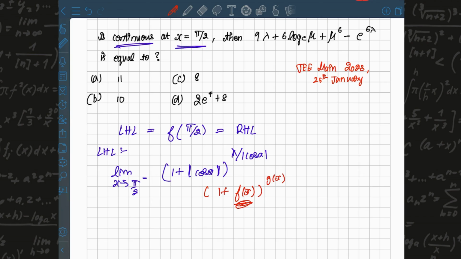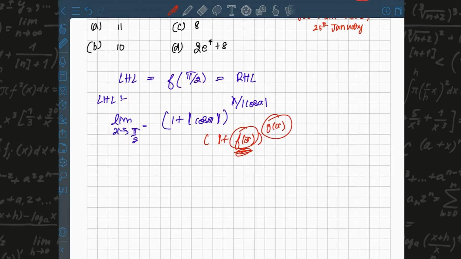So if a limit is basically in the form of 1 plus f of x power g of x, then always use this formula. The formula is, assume that the limit is x tends to a, 1 plus f of x power g of x is nothing but e power limit x tends to a of f of x times g of x.